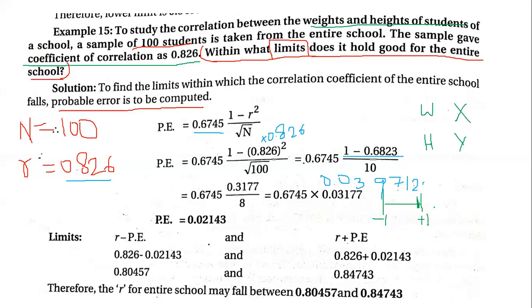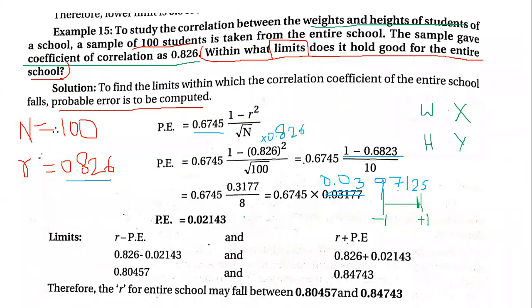Just correct that. So 0.3177 by 8 will give you a value of 0.039725. Now when you multiply this with 0.6745, that is the constant, there are also some decimal mistakes in the probable error.